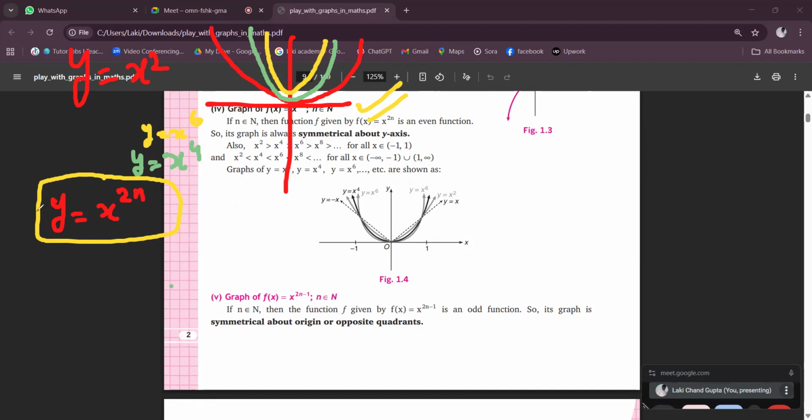If I ask you what is the graph of y is equal to x raised to 10, then you can say it looks like this. It is much closer to y-axis. So white color graph represents what? x raised to 10. Yellow color graph x raised to 6. This is x raised to 4 and this is x raised to 2. Noted?